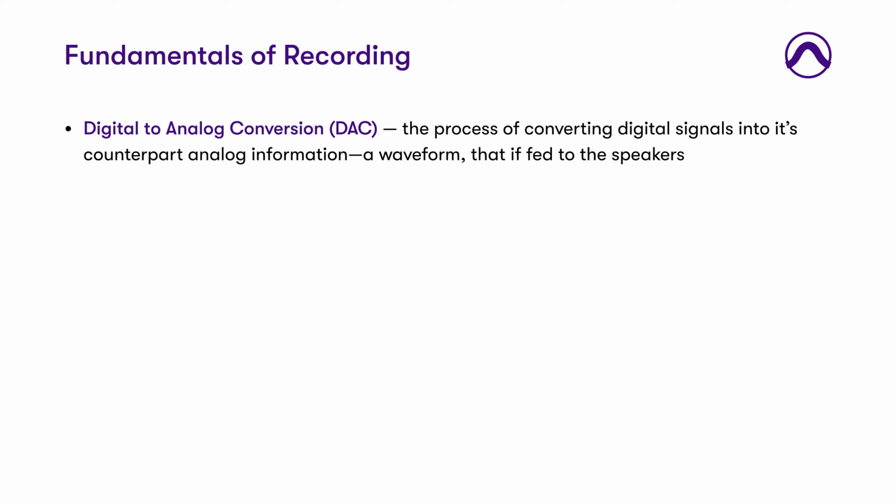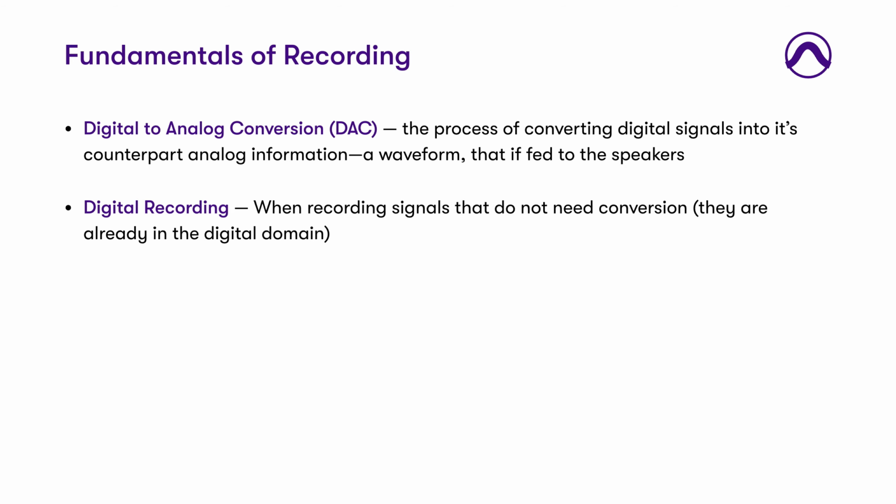So if you need something in the digital realm that is already digital, we should not convert it. For example, music that's on a CD. A CD is digital. The signal in it is stored at a sample rate of 44.1 kHz and 16-bit. So if I wish to bring this signal into my digital audio workstation, I can do so without any conversion.